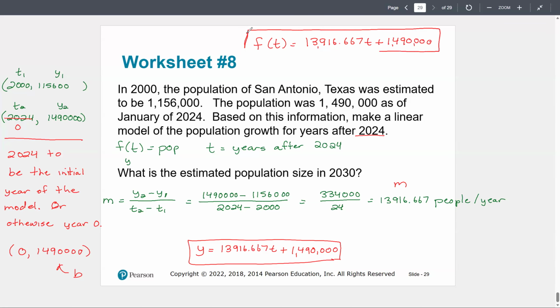So the last part is we want to estimate what is going to be the population size in 2030. So 2030, this is just 6 years later. So that means we're looking at t is going to be equal to 6. So if we figure out what f of 6 is, it'll tell me the population in that year, or our guess for it.